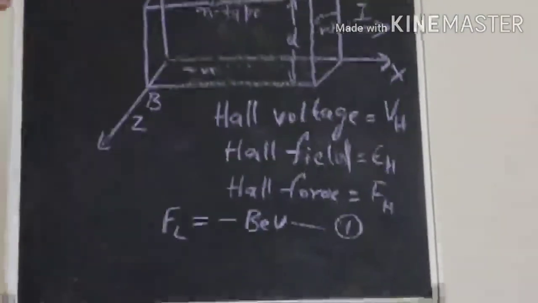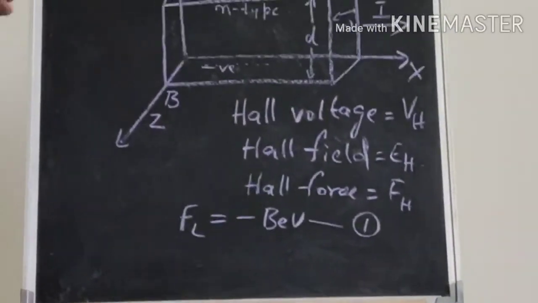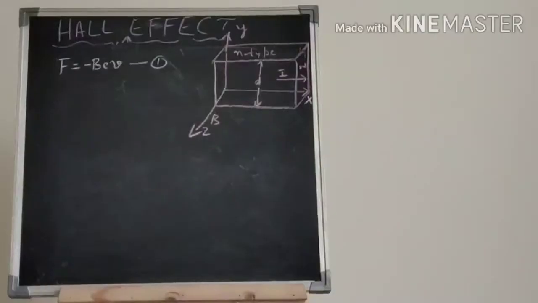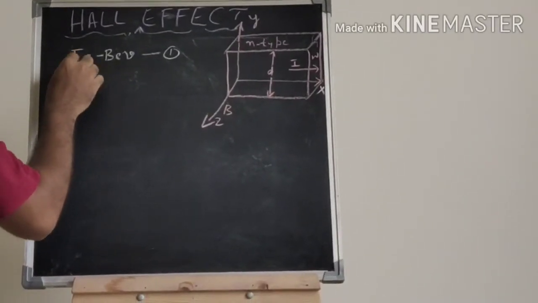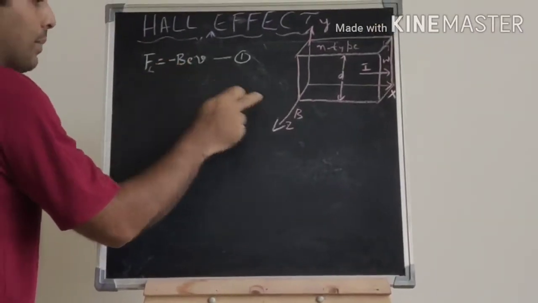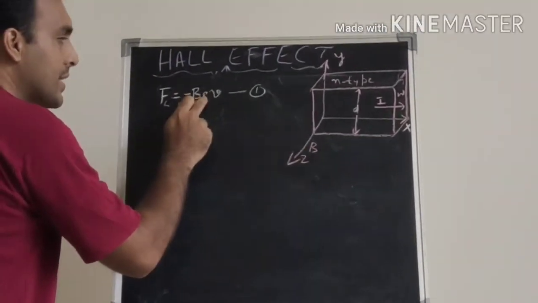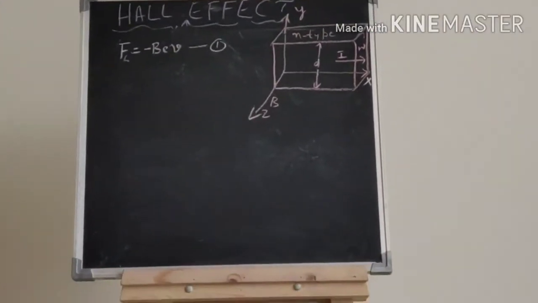Now we will continue with the determination of the Hall voltage, the expression for Hall voltage. The Lorentz force FL is equal to minus BeV, where B is the applied magnetic field, e is the charge of the electron, and V is the drift velocity.